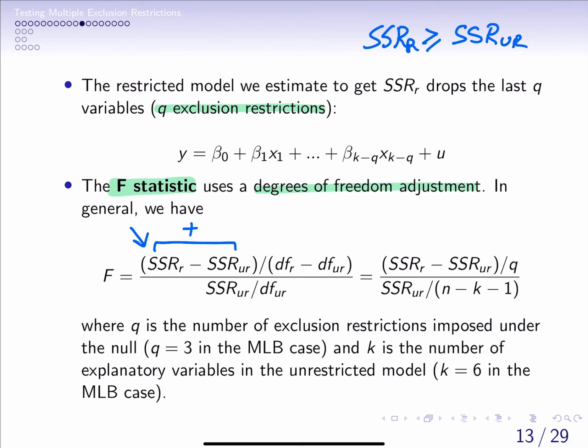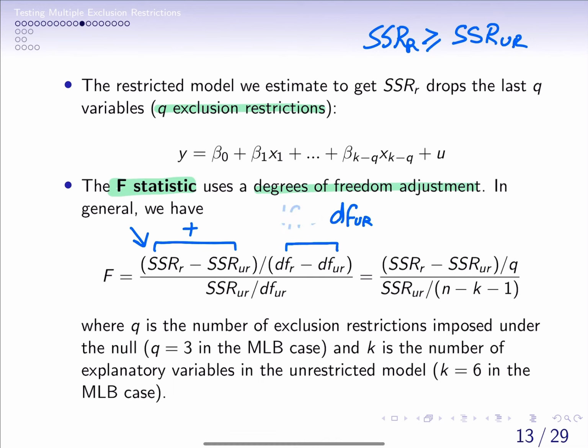And the degrees of freedom from our restricted model are going to be higher, right? This is also higher than our unrestricted model. So we are basically dividing the numerator by the difference between the degrees of freedom. And if you simplify this, this just becomes Q, right? So this is just how many variables, or how many population parameters, we are dropping.